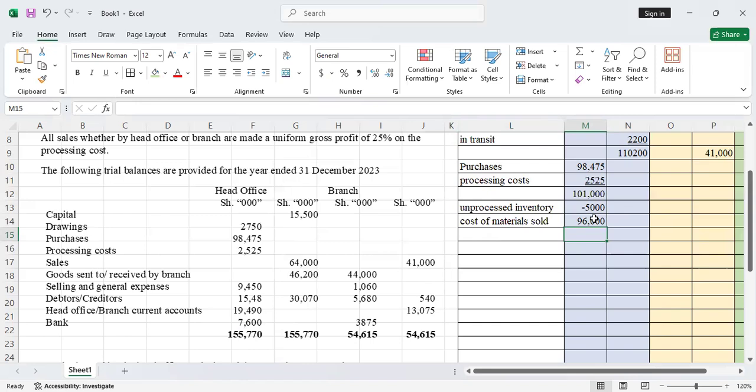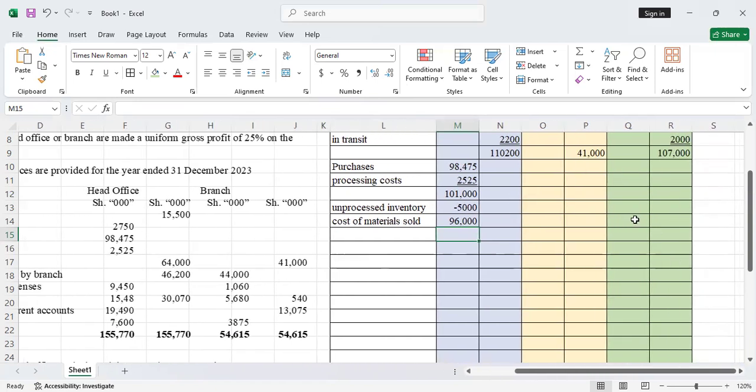Now, moving on. The branch, the cost of the materials of 96,000 is a cost also to the combined business. The cost of their materials is 96,000.